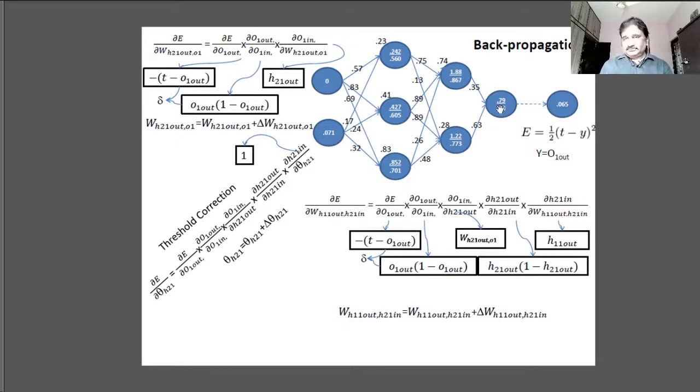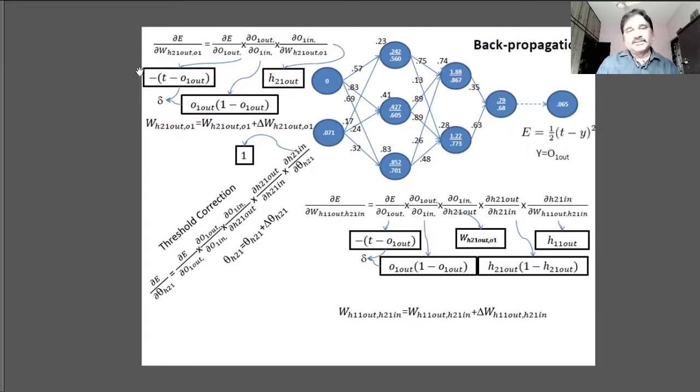That is the term which you can attribute to this neuron, and another is O1 out into 1 minus O1 out. All these things you can load to this neuron, because you know O1 out here, 1 minus O1 out is also known, and then T minus O1 out, this into minus 1, is also known to you at this neuron level.